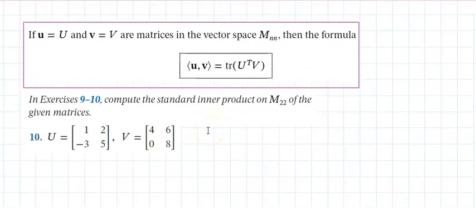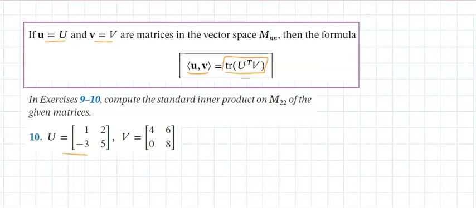Now, suppose we're talking about the vector U represented by a matrix, and vector V represented by matrix V. Those are matrices in the vector space M, N, N. Then the formula for U dot V is the trace of these matrices.